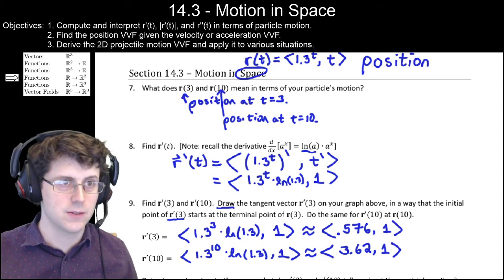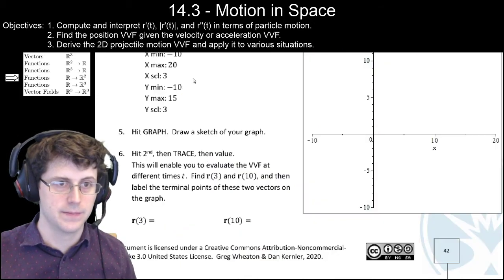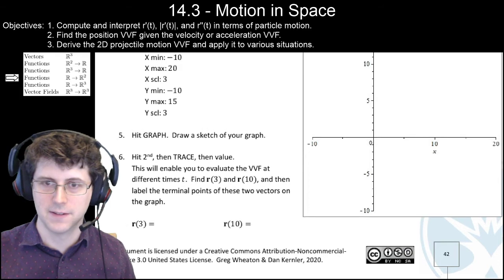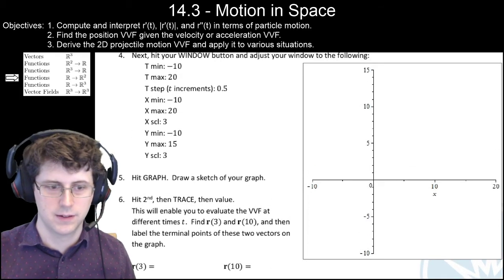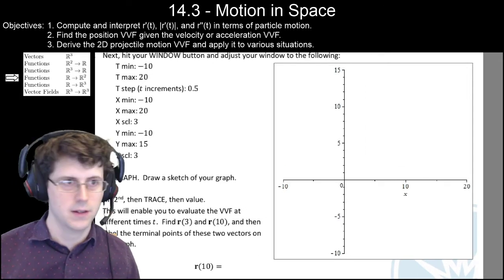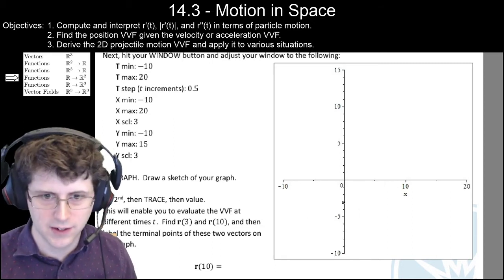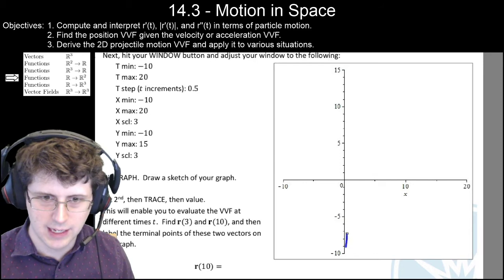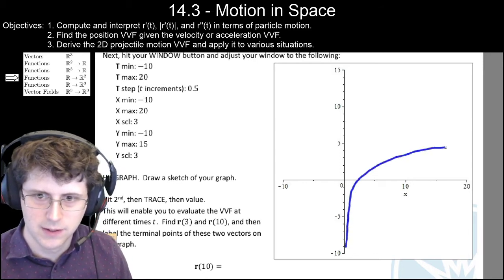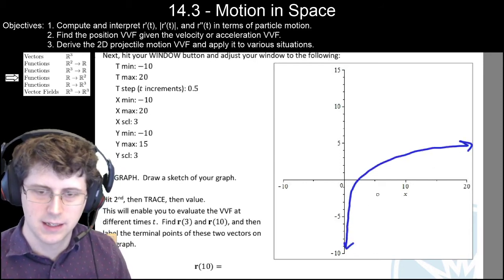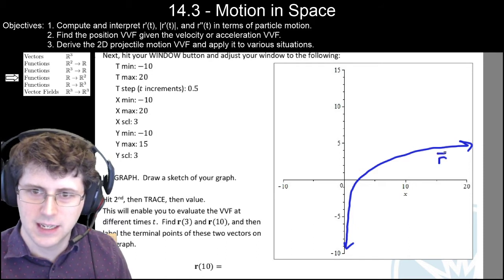So let's go back to the original graph. We know that the original graph looks something like this. This was r of t.